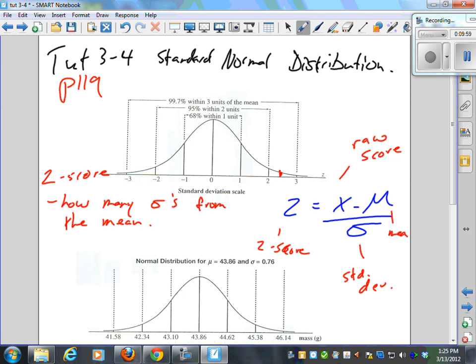Okay? So when you normalize a raw score, what you do is you compare it to the mean. It's sort of the same kind of thing as if you have a test and you get, say, 22 out of 29, and on another test you get, say, 23 out of 31, which one did you do better on? 22 out of 29 or 23 out of 31? They're pretty close, aren't they?